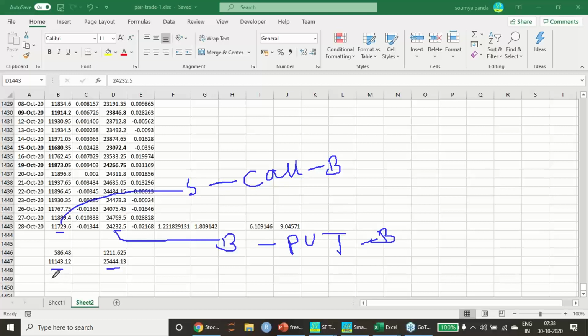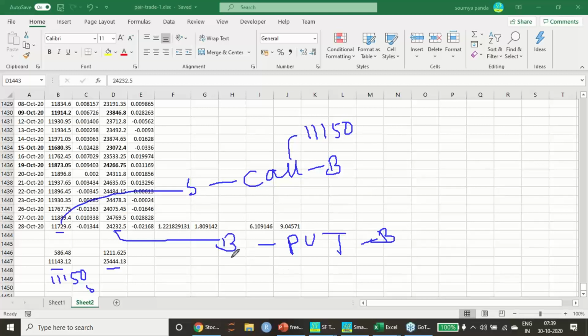So this suggests I'll be hedging the Nifty with the 11,150 call option and selling the future. So 11,000 here, call option strike will be 11,150. So I'll be selling Nifty along with buying the 11,150 call option.